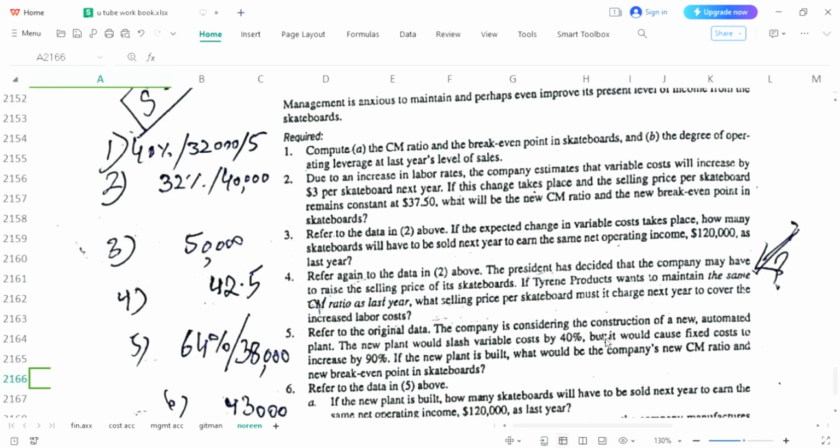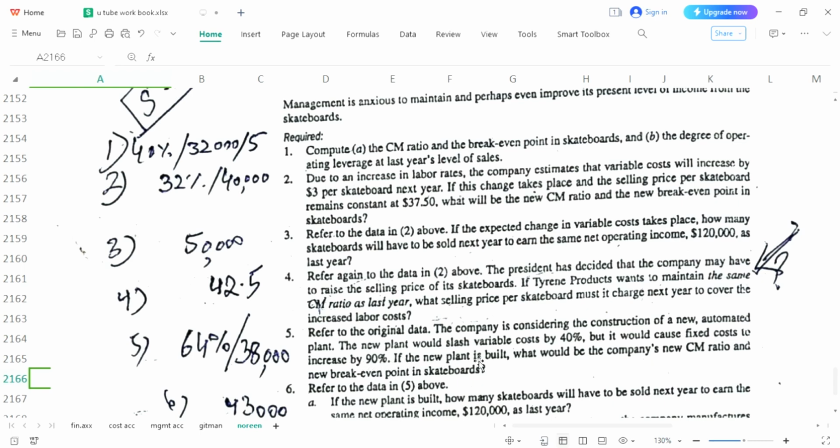The company is considering the construction of a new automated plant. Okay, now there is another twist. What they are saying is, the company is considering the construction of a new automated plant. Obviously labor would be unemployed after that, and you will use the automatic plant.